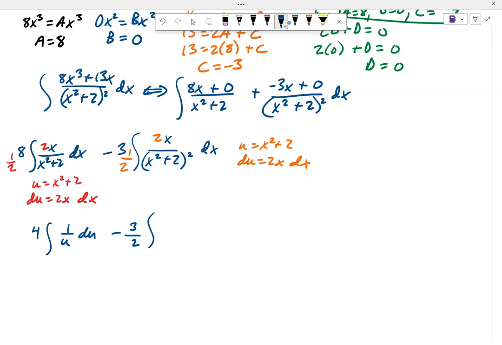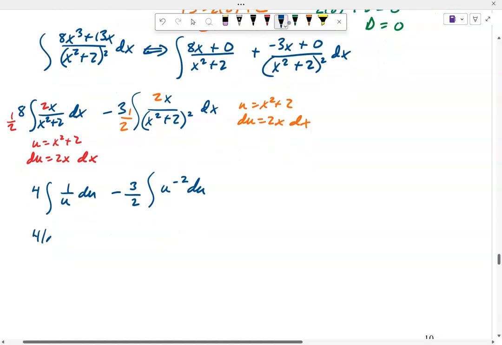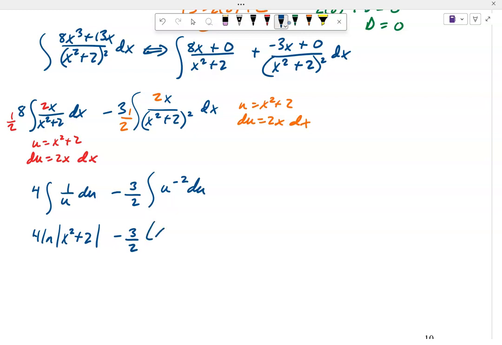That'll be 1 over u squared du, so u to the -2 du. So we got 4 natural log of u minus 3/2, and then u to the -1 over -1. So (x squared plus 2) to the -1 over -1.